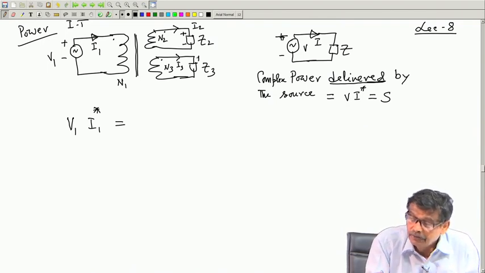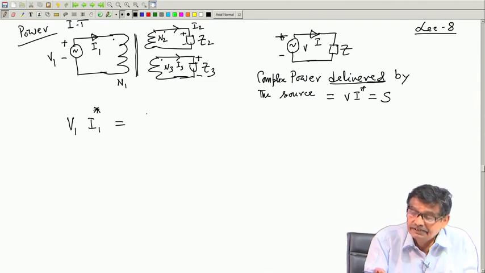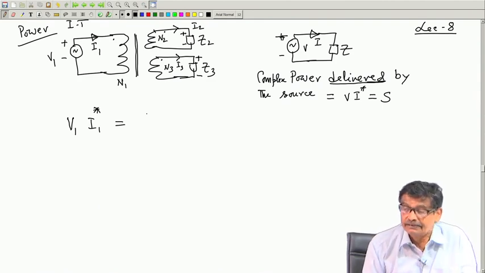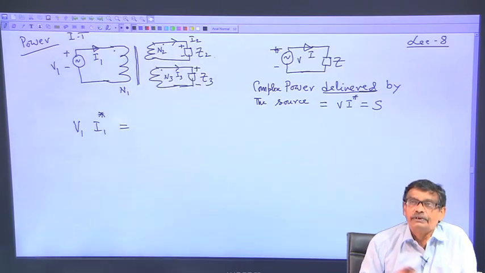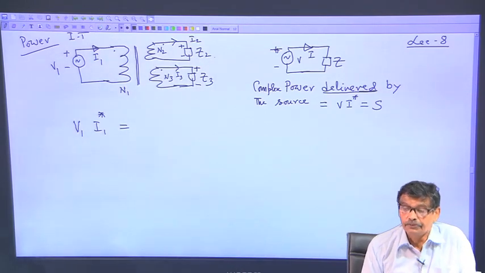Similarly, the voltage drop across Z 3 is I 3 Z 3, upper one plus lower one minus, and through the dots current comes out, that way in a transformer you will assume.